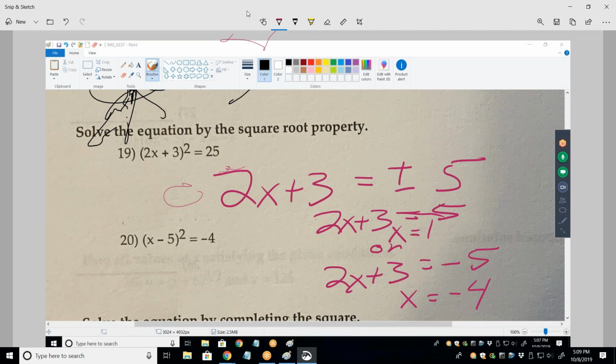So your two solutions are those two right there. And if we plug in 1, we get 2 plus 3 squared is 25. And if we plug in negative 4, I get minus 5 squared is also 25. So both solutions work.